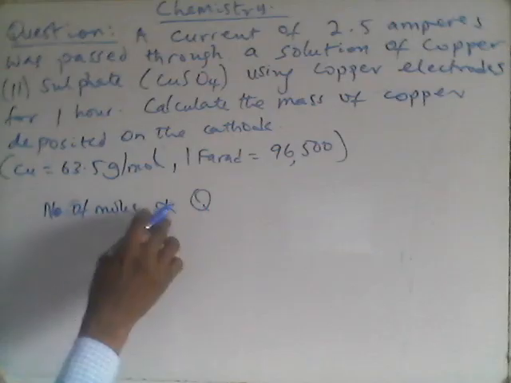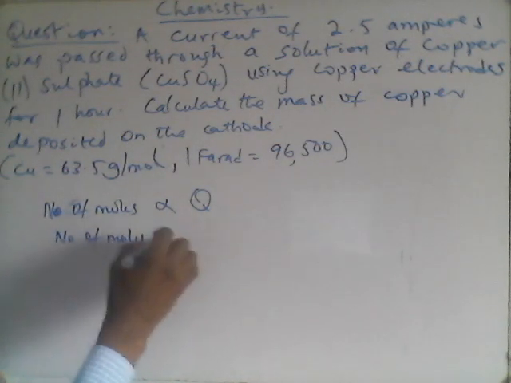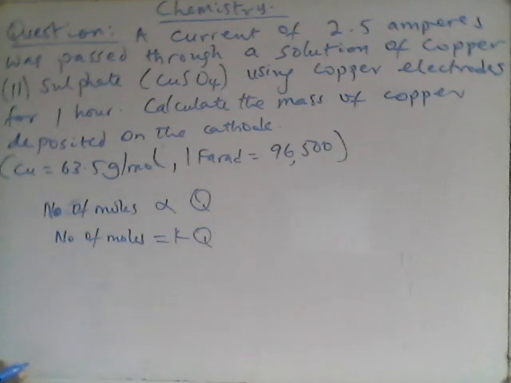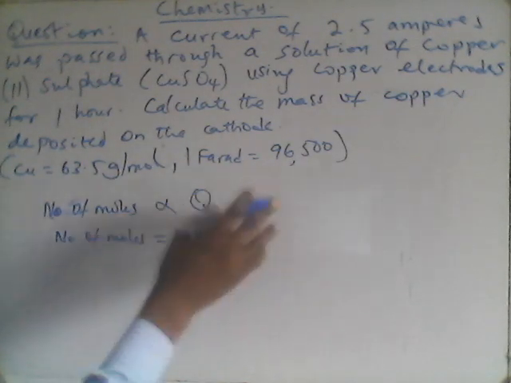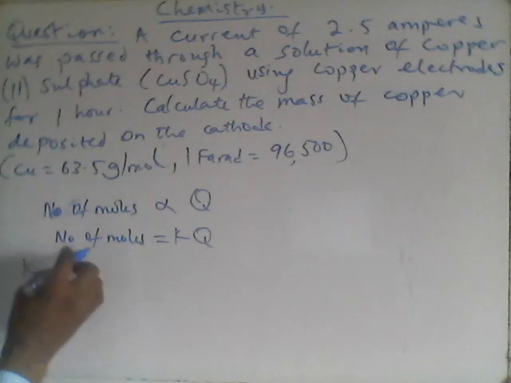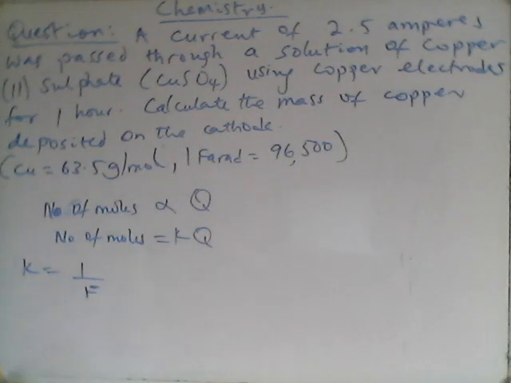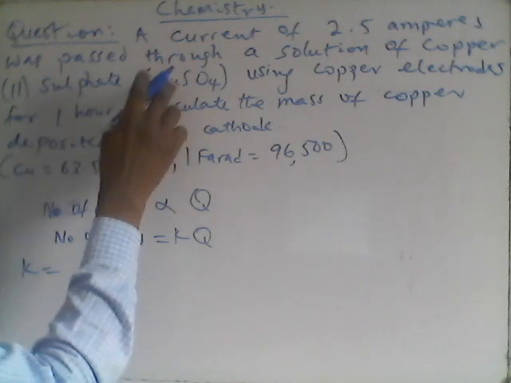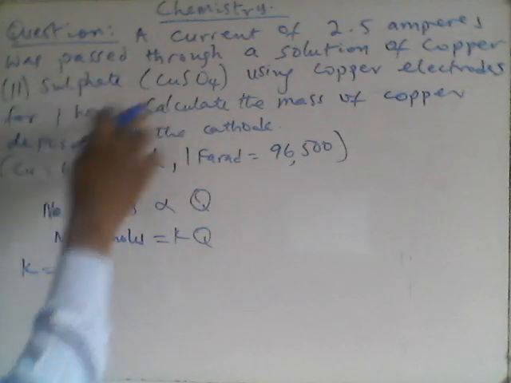And if this is removed, number of moles will now be equal to kQ, where k is the constant, the inverse of the Faraday's constant. So k is 1 over F. This Faraday's constant depends on the number of electrons involved.